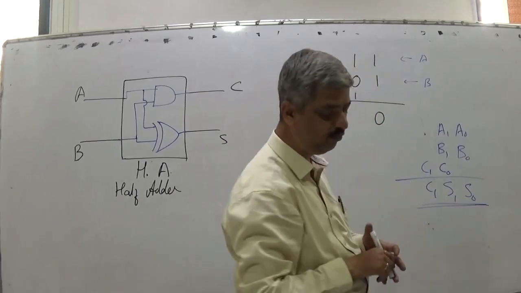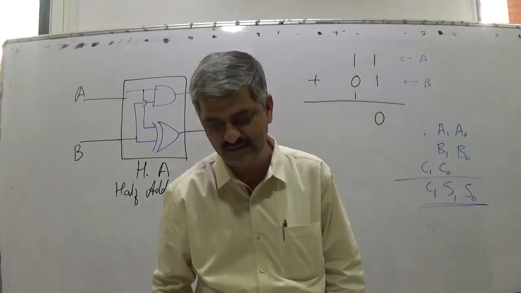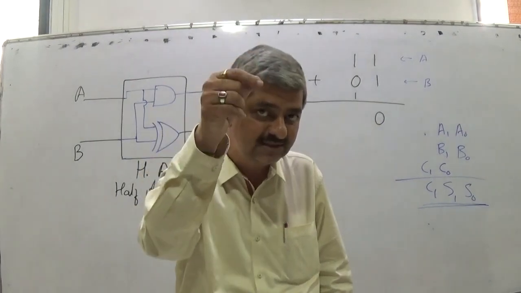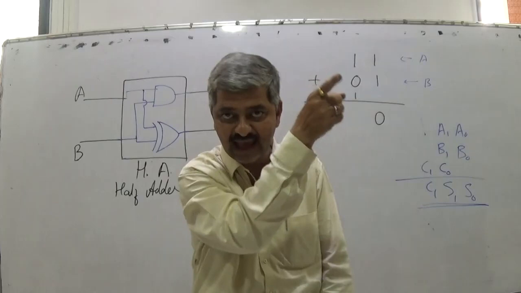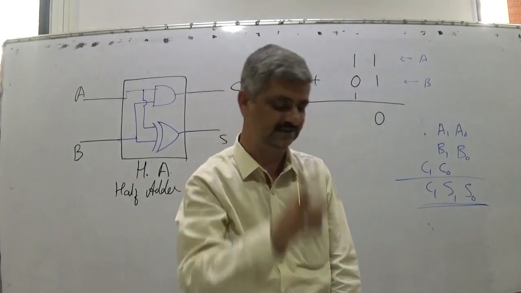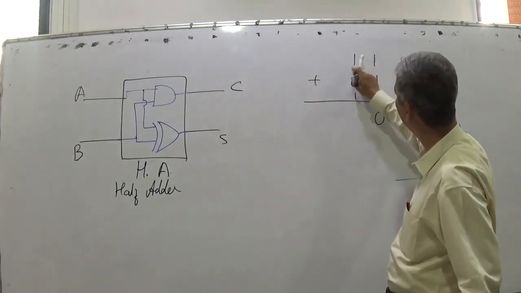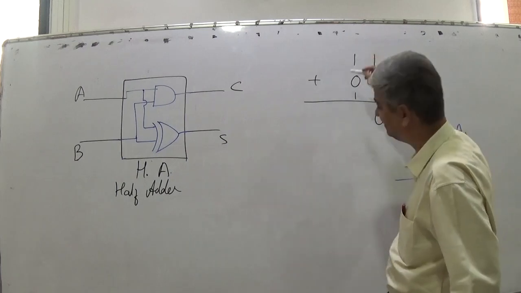So addition of 2-bit numbers is a 3-bit number, wherein in each case we have to add 2 bits first, and while adding the next bits, the carry coming out from the first addition needs to be taken into consideration. So here I have to add A1, B1 and C0. So 3 bits are to be added.